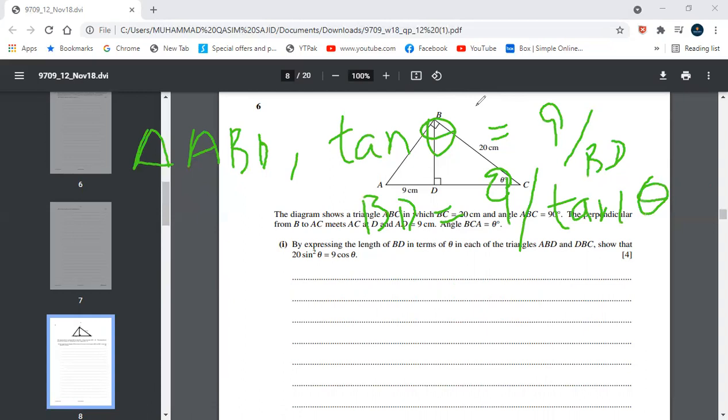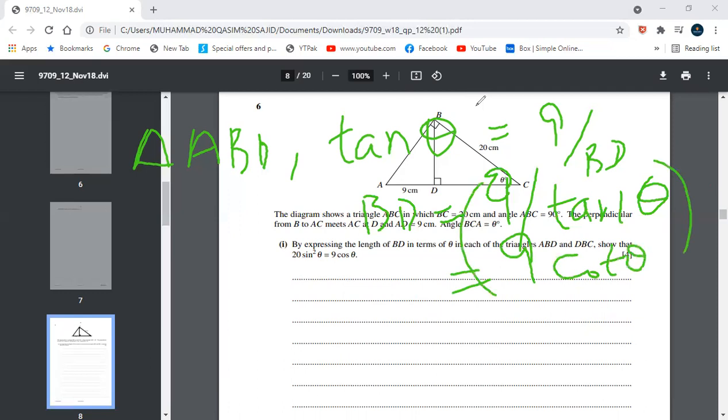So this is the first method, that BD equals to 9 upon tan theta. As we know that 9 upon tan theta equals to 9 cos theta upon sin theta, so BD also equals to 9 into cos theta. These are the two values.